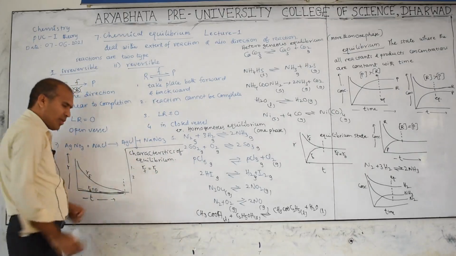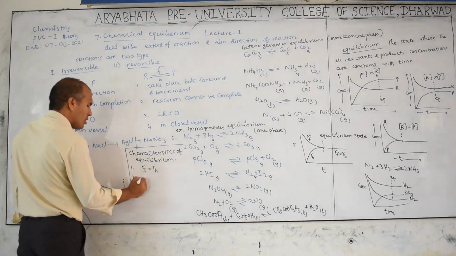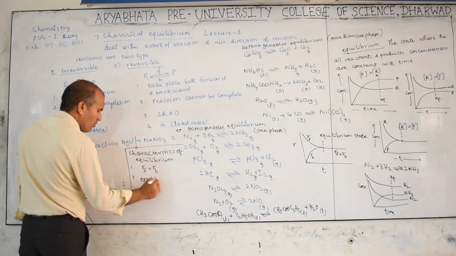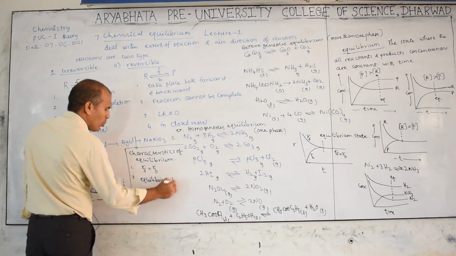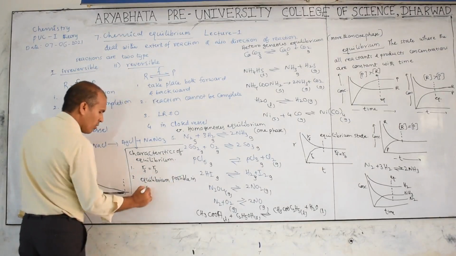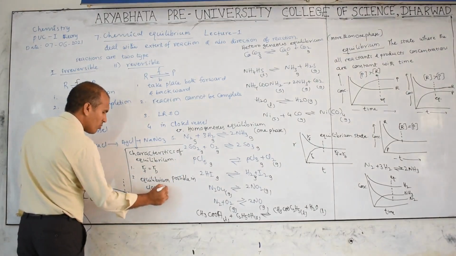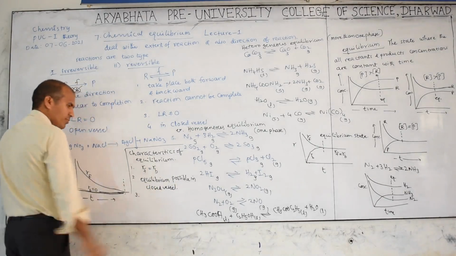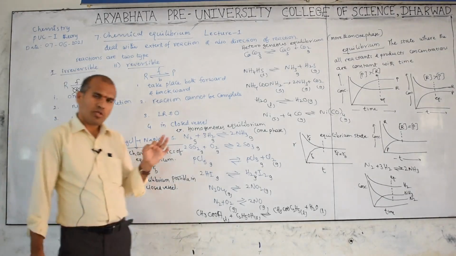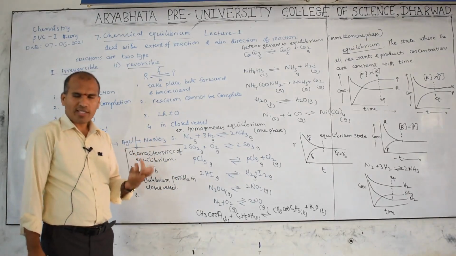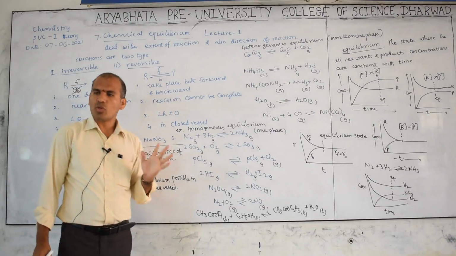Second one, equilibrium takes place, is possible, in a closed vessel. Third one, when it reaches equilibrium, all measurable quantities are constant, do not change.